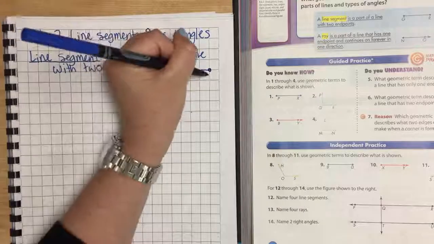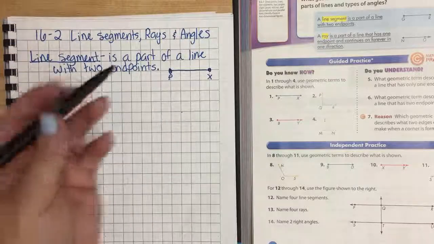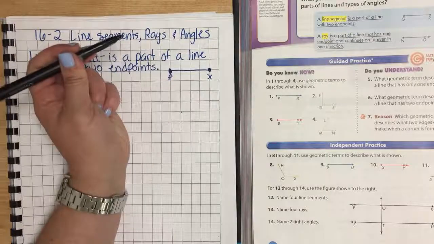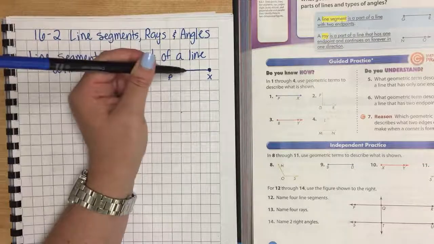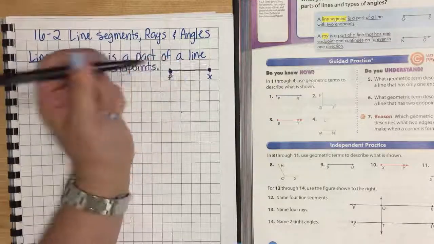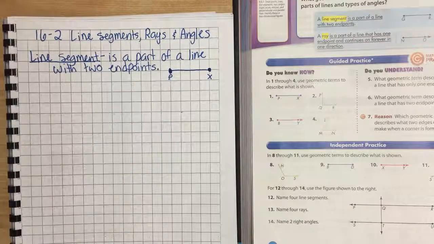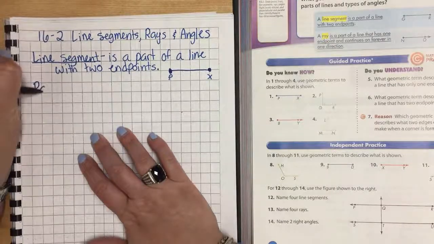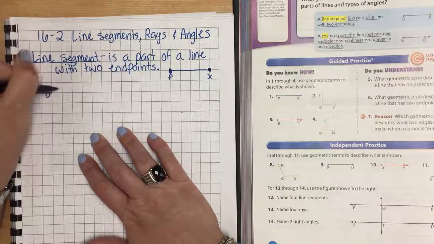No arrows. It doesn't go anywhere. It's just right here. So that's why I was saying before on your homework that the parts inside of a line were actually just line segments.